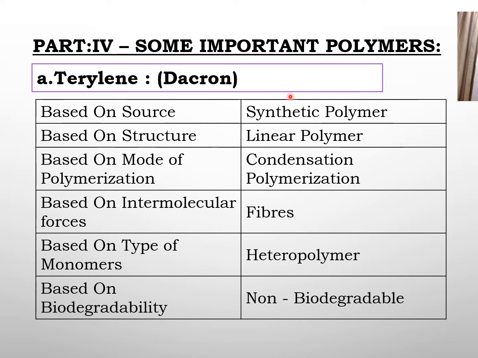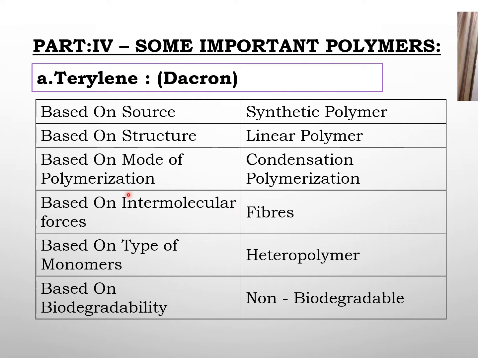So now on the basis of categorization, what is the category of terylene? Based on source, it belongs to which polymer? Synthetic polymer. Then based on structure, it is a linear polymer. Based on mode of polymerization, it is prepared by condensation polymerization. As we just now saw, it is prepared by the condensation of ethylene glycol and terephthalic acid.